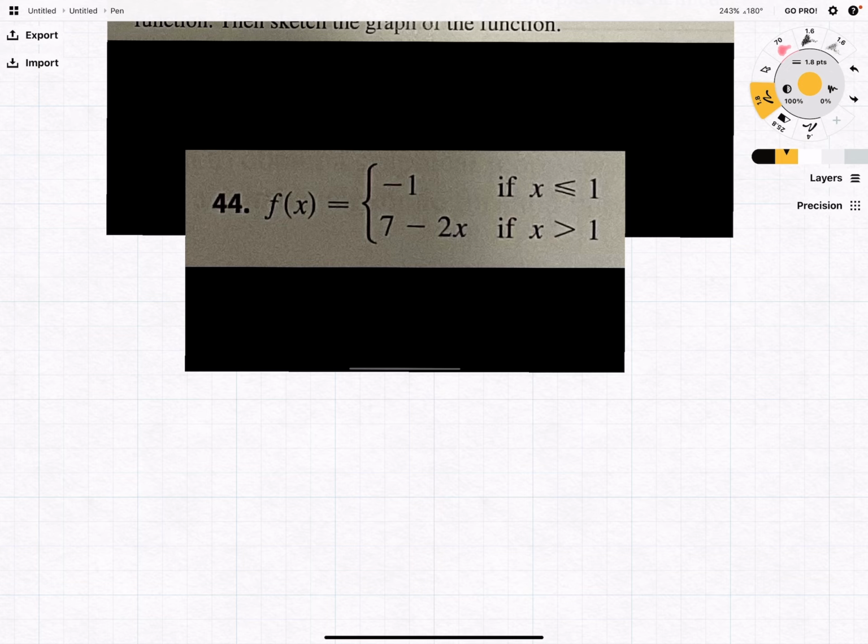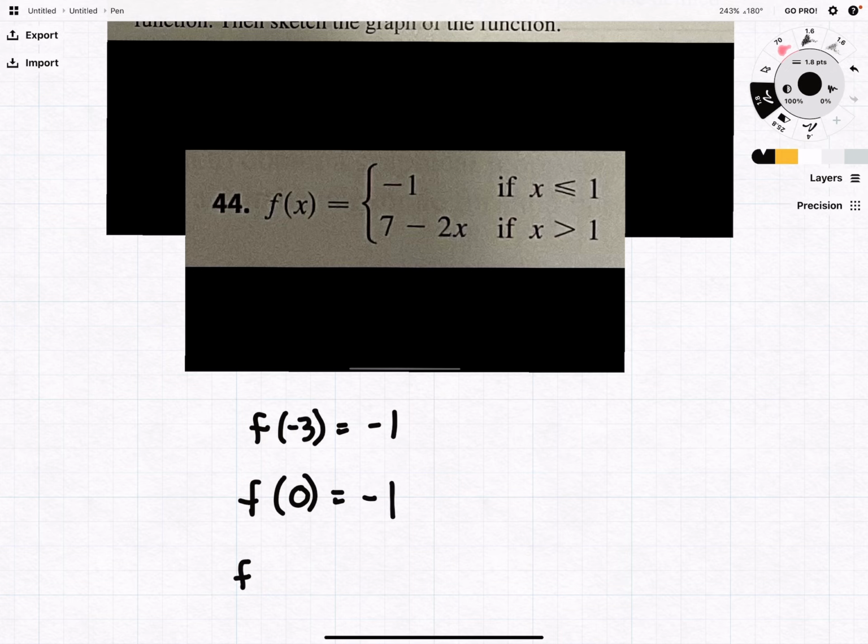So they want us to find f of -3, f of 0, and f of 2. We'll start with f of -3. We can see that -3 is less than 1, so that's just going to be equal to -1. The next one was f of 0, and that's also less than 1, so we're going to have -1 again.